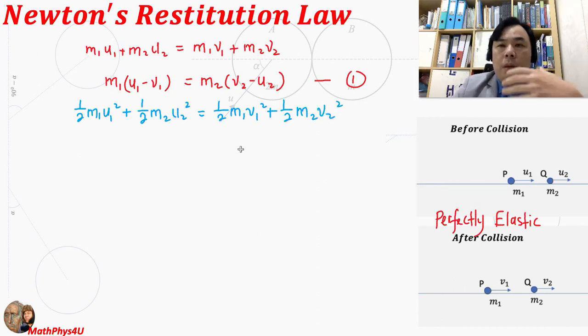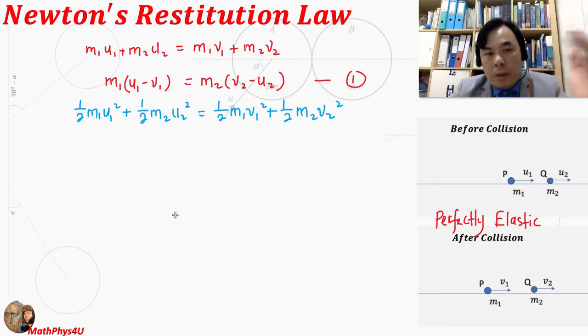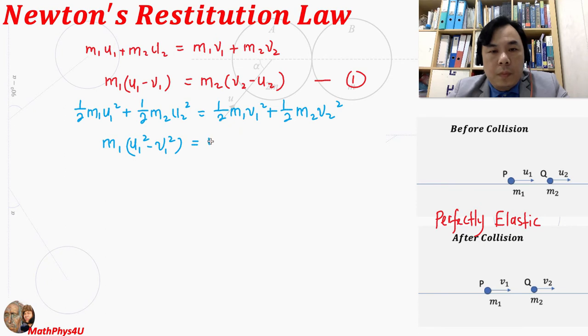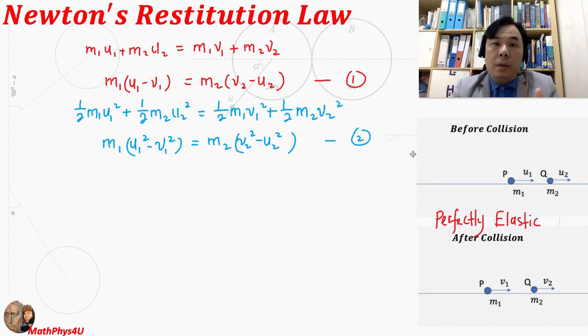Then, doing a bit of simplification and grouping with respect to their masses, I will get this. And there you have it. You can see we have set up two simultaneous equations.